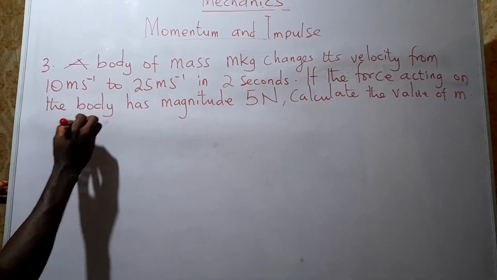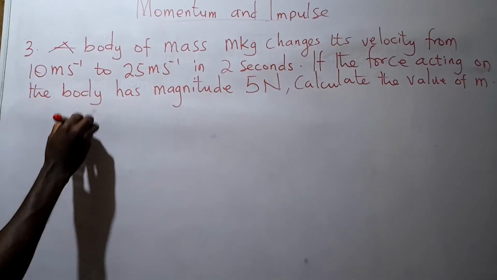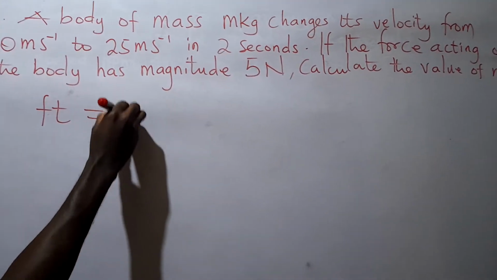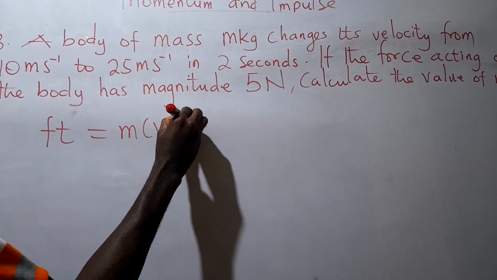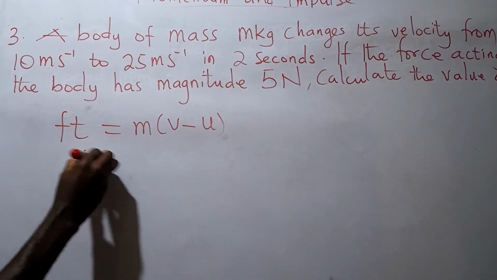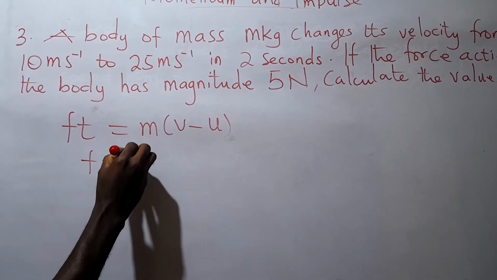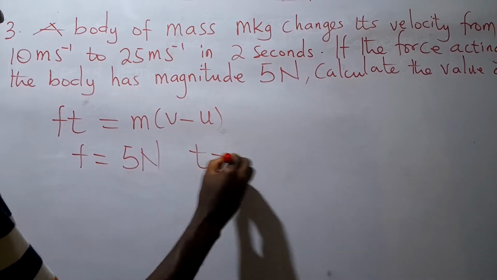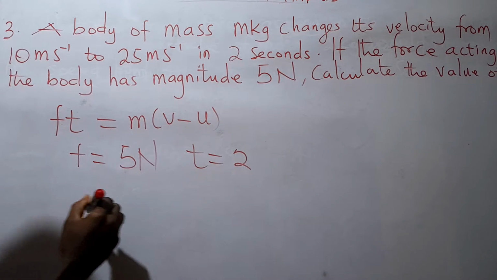Remember, the product of a force and time is equal to the change in momentum. The force was given to be of magnitude 5 Newtons. The time taken was 2 seconds.